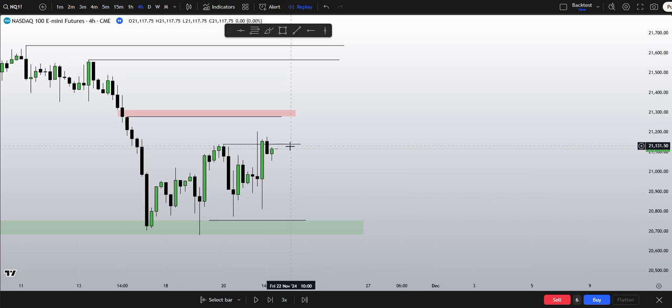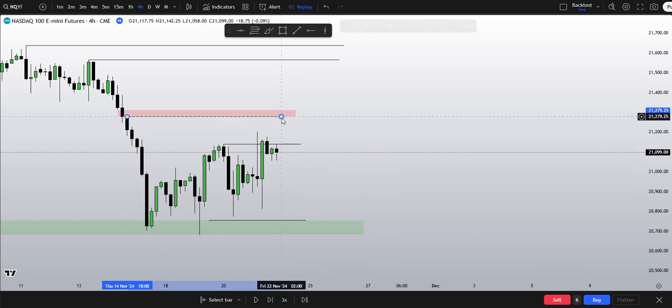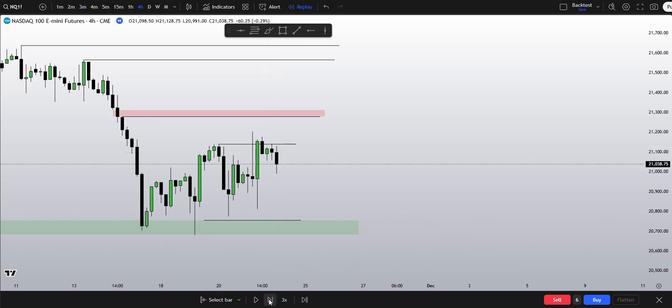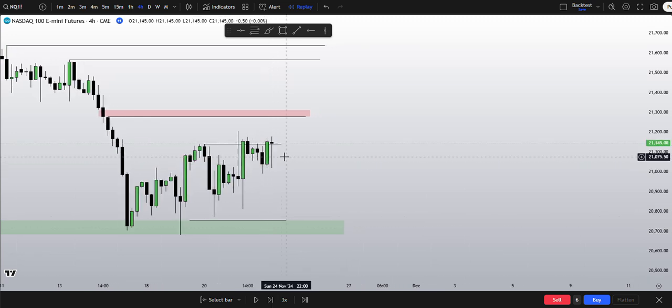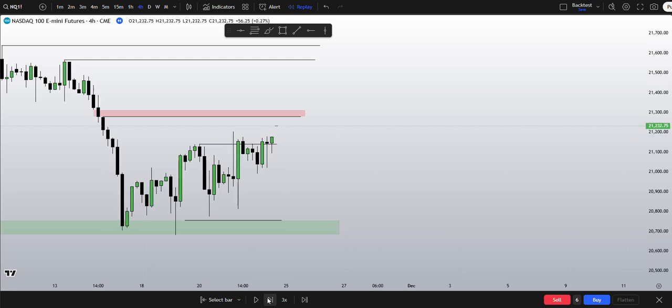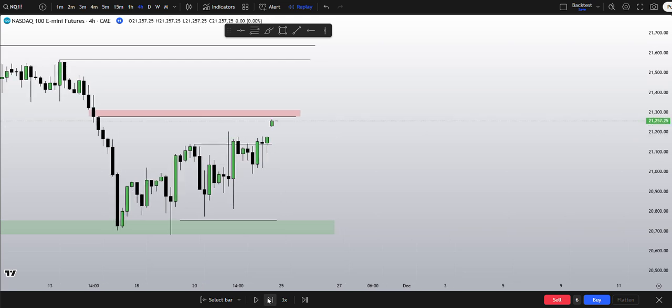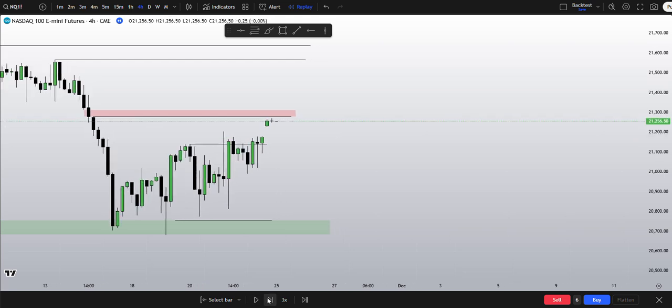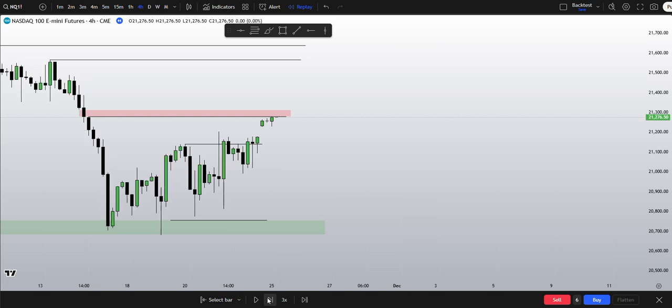Do we come and take this low? Do we continue above it and go to this draw right here? Here we are. Chances are we take this draw right here at 21,279. And we haven't taken it yet. And there we are. And we take this draw before rejecting.